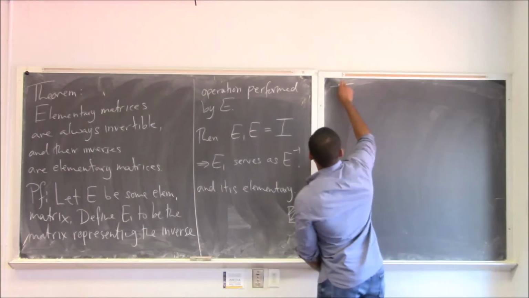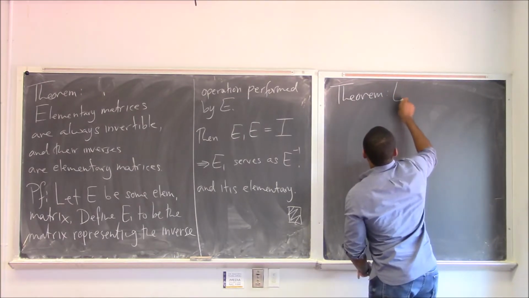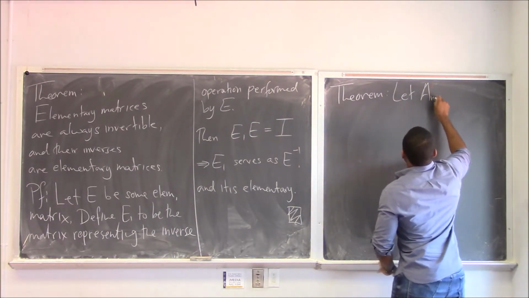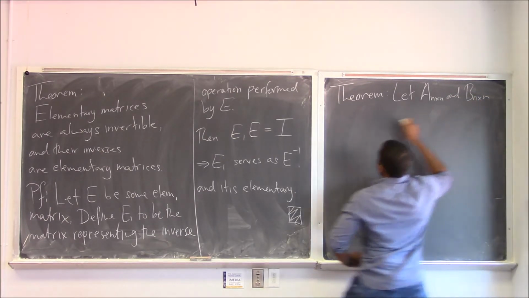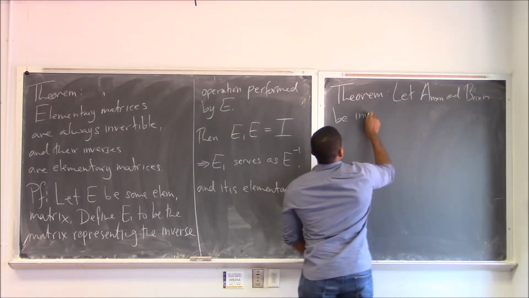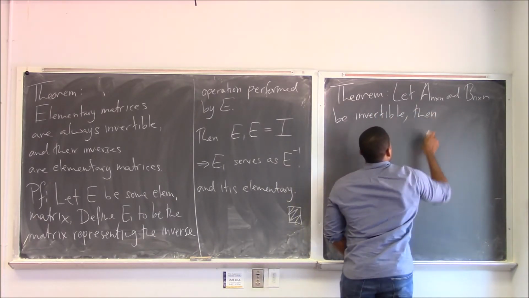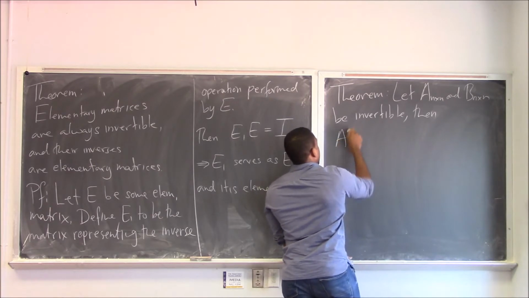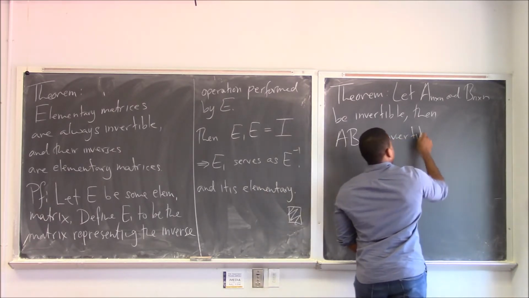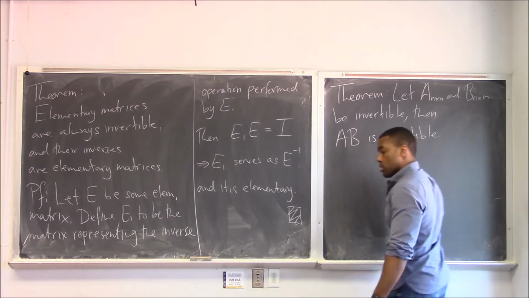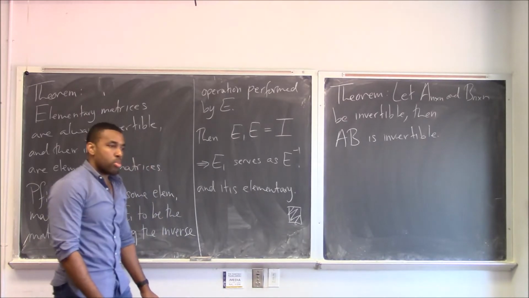Here's another theorem. Let A, n by n, and B, n by n, be invertible. Then AB is invertible. If I take two invertible matrices and multiply them, it turns out that the product is invertible.